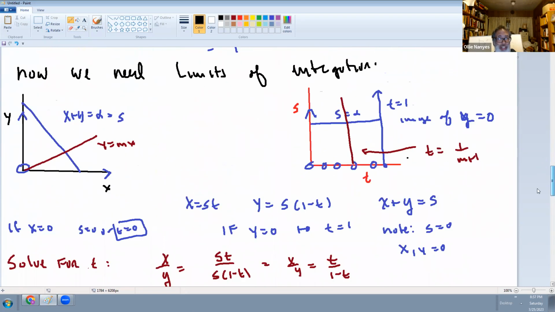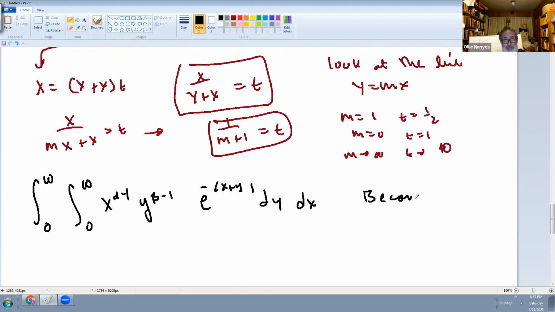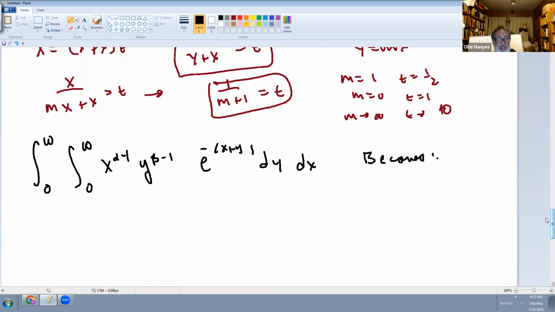It's this right here. So x to the alpha minus 1, y to the beta minus 1, e to the minus x plus y, dy dx becomes, and this is where the thing is.